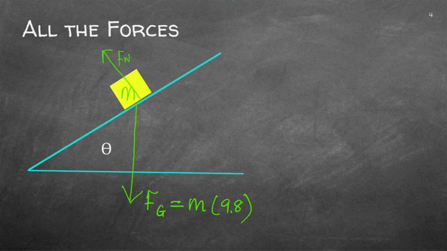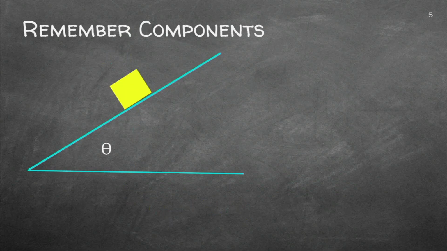What you have to find is usually components. So I have to quickly just show you. If you have that force going downwards, please remember that you've got to take some time to calculate the component of the gravity that's perpendicular to the slope. Let's call that the perpendicular component.